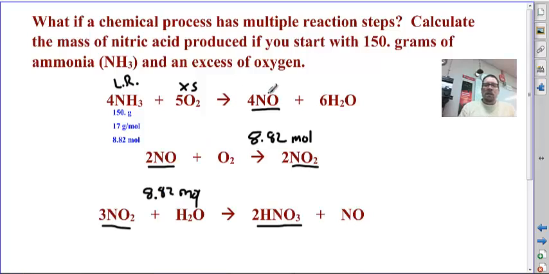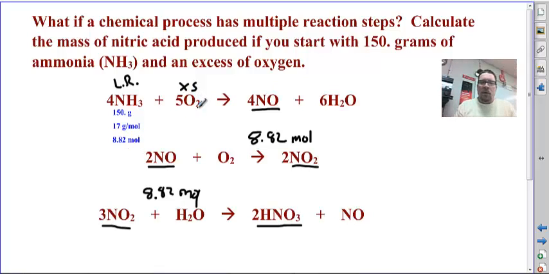Now, some kids will want to try and do some sort of mole ratio between the 4 and the 2, but please don't. This is one reaction. This is a completely separate reaction. How this is produced and how it reacts are two different things. Go back to what I said before. This is exactly how much I made when this ran out, because I have enough oxygen.